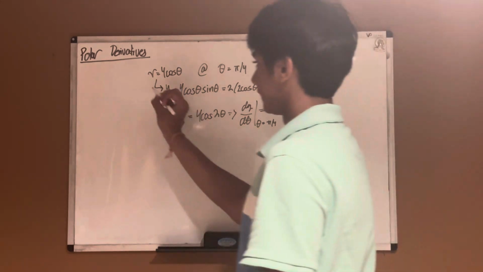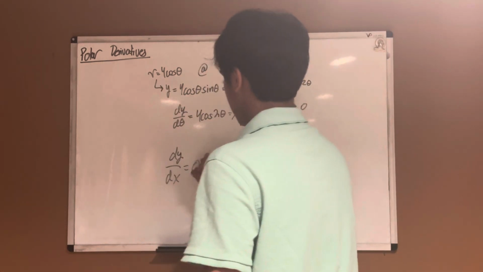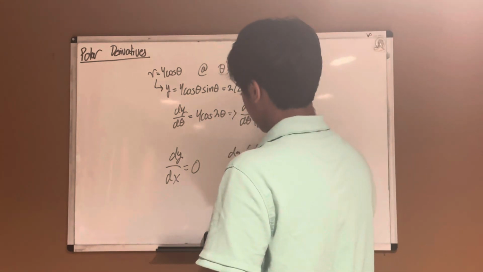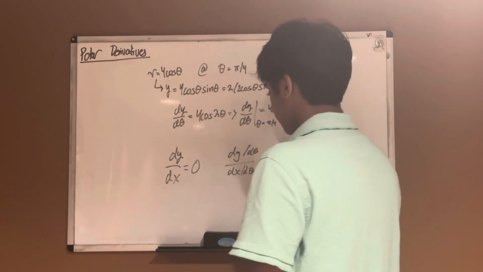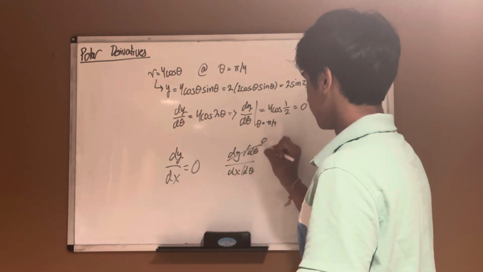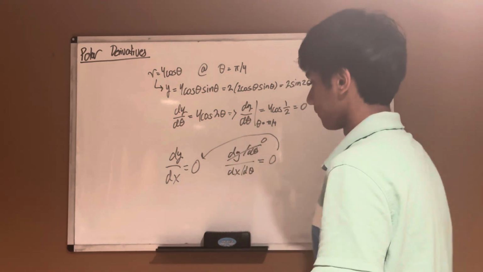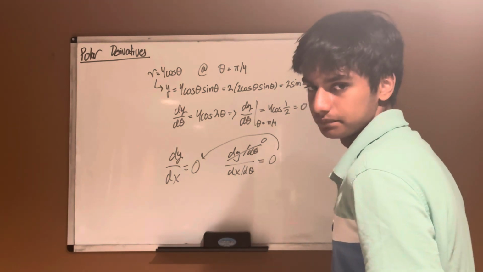Therefore, dy/dx of this function is equal to 0. We didn't need to do dx/d theta in this case, because dy/d theta over dx/d theta is dy/dx, and because dy/d theta was 0, this whole fraction had to be 0, no matter what dx/d theta was in the bottom.